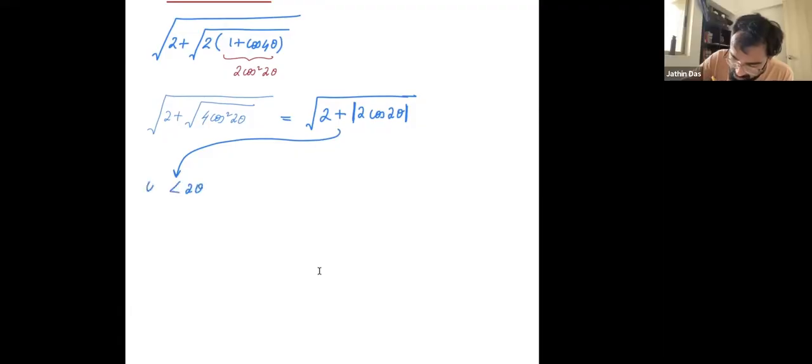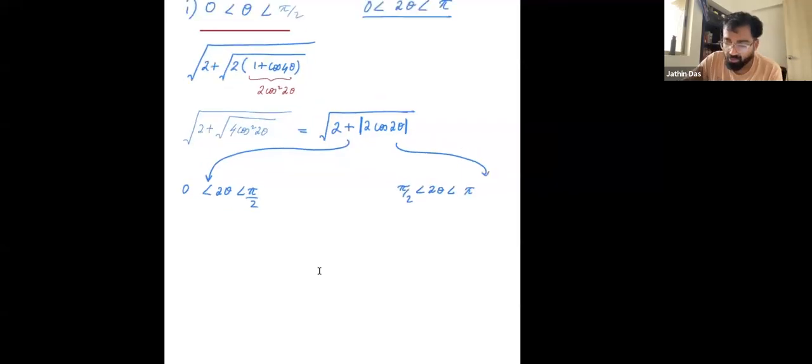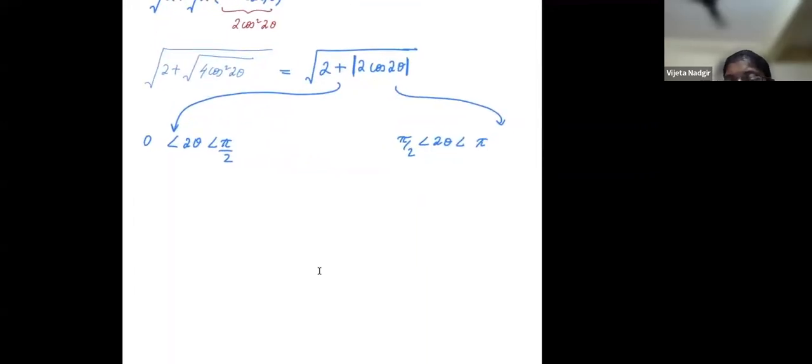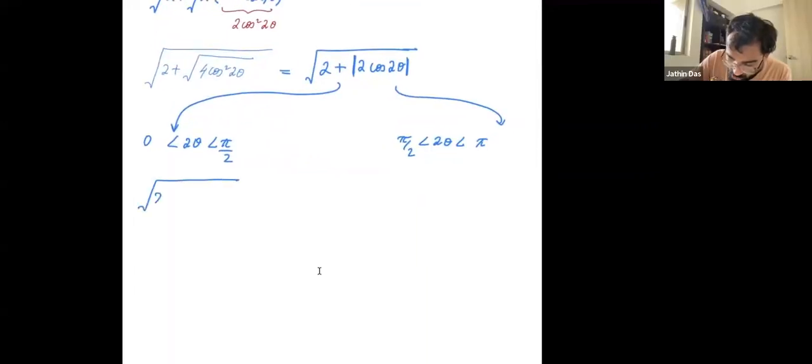When 2 theta is between 0 to pi by 2, and when 2 theta is between pi by 2 to pi. The range is the same, but I've taken 2 different cases. Here it will be 2 plus 2 cos 2 theta, because mod will come positive.